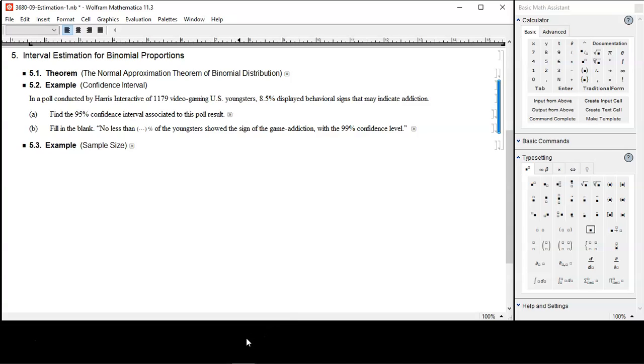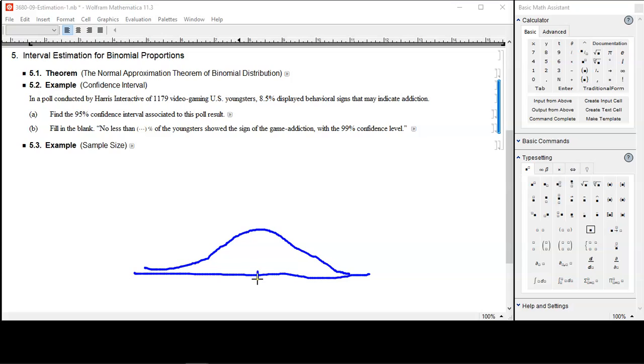You can create a picture like this. And then a normal approximation picture like this, centered at 8.5%, 0.085. And we want a 95% confidence interval. So here, there, and I have 95% in the middle.